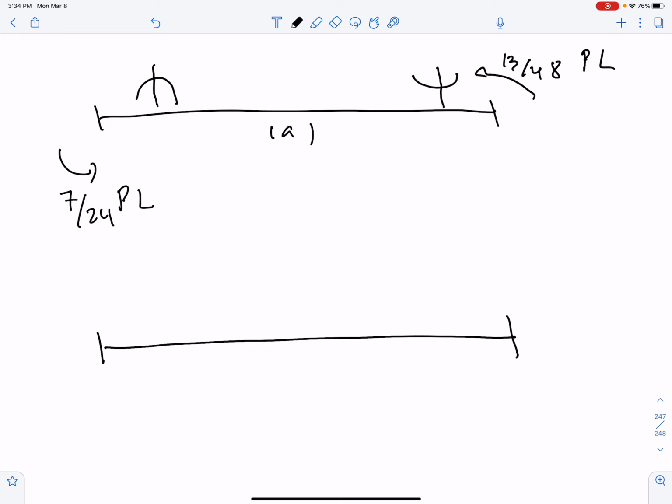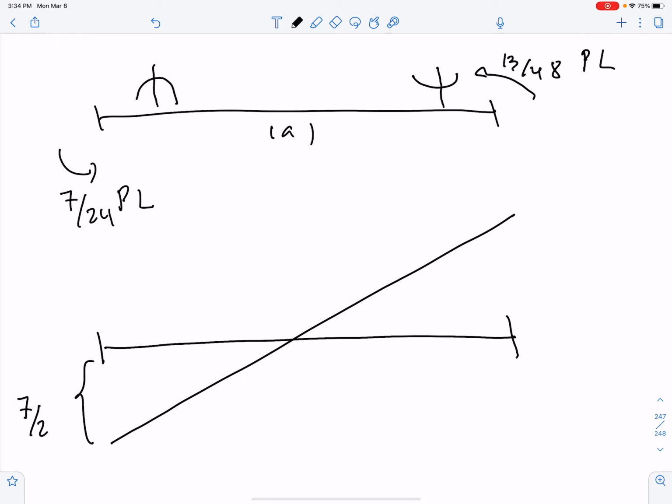Right? So then what happens here is you start, your moment distribution would look something like this, where you start with a negative moment of 7 over 24 PL. Negative moment meaning you're creating a locally concave structure. At some point you're going to cross a 0.